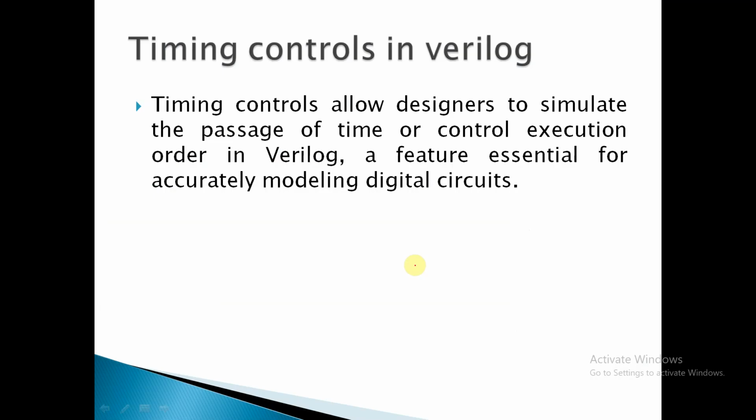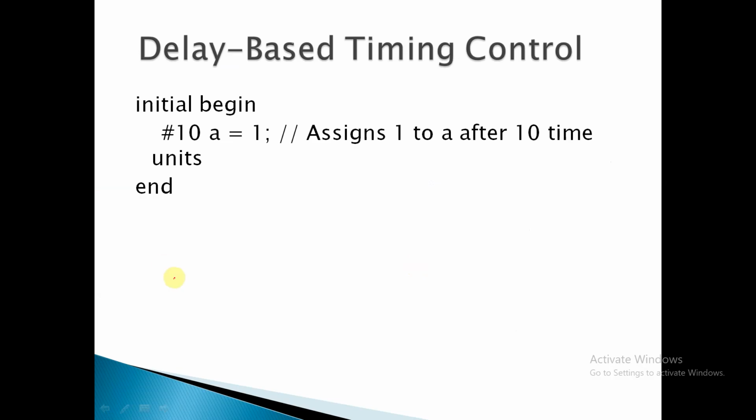Yes. Now coming to timing controls, we have seen that there are two types of timing controls. One is inter assignment delay and the second one is intra assignment delay.